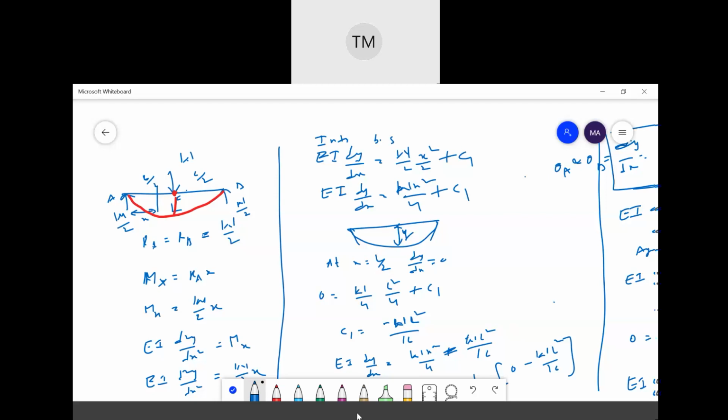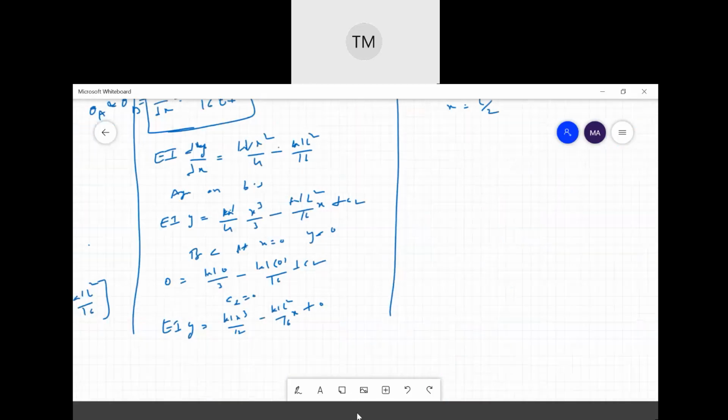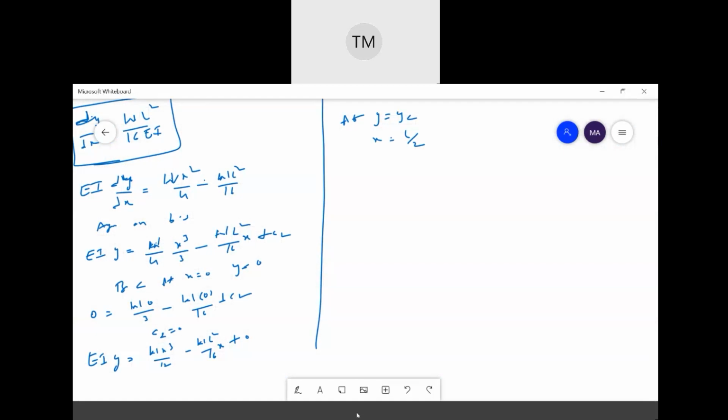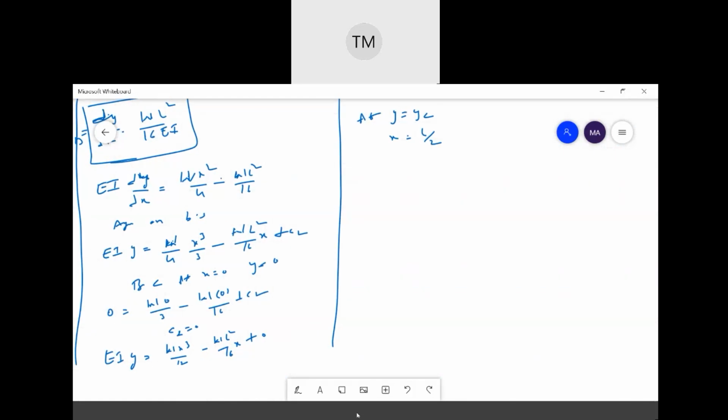So when it comes to this one, you are substituting this point here, at y is equal to yc, x is equal to L by 2. I am substituting here. What happens?